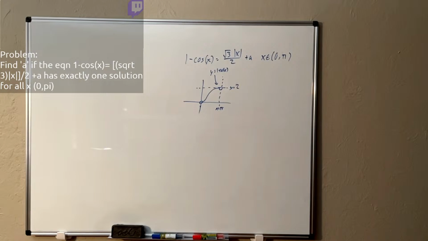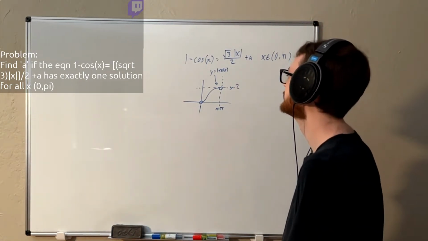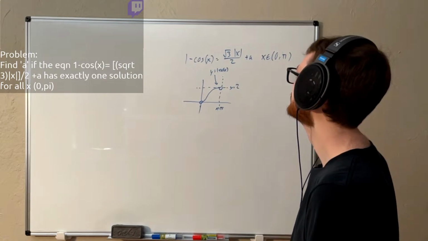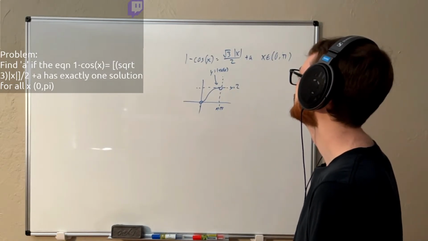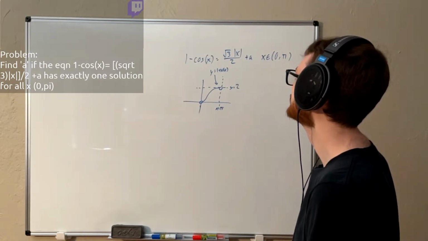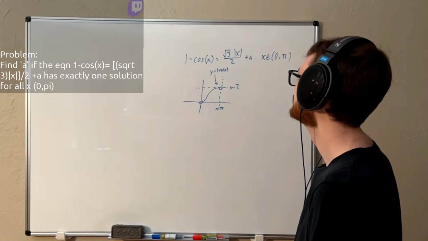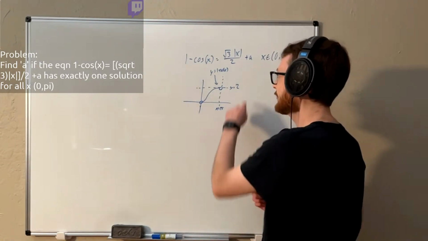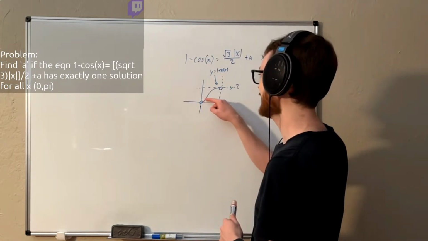What do we do, though? So this thing on the right, it's going to end up being a line, something like that.